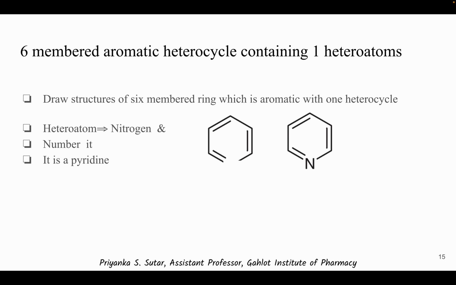Okay, we have learned this is a pyridine. Now this is the same structure which we learned just now, before this structure. So there is a little bit of a twist. Now have you numbered it right? 1, 2, 3, 4, 5, 6, right? This is the structure of pyrimidine with numbering.